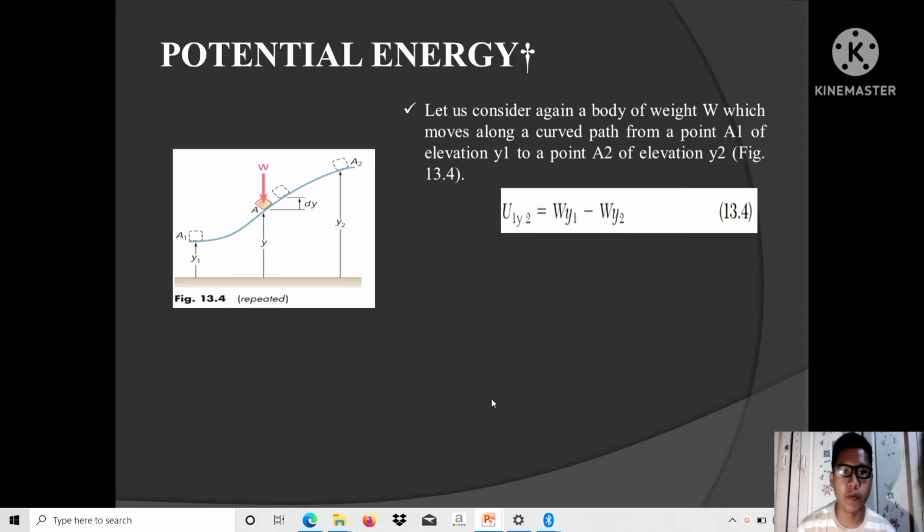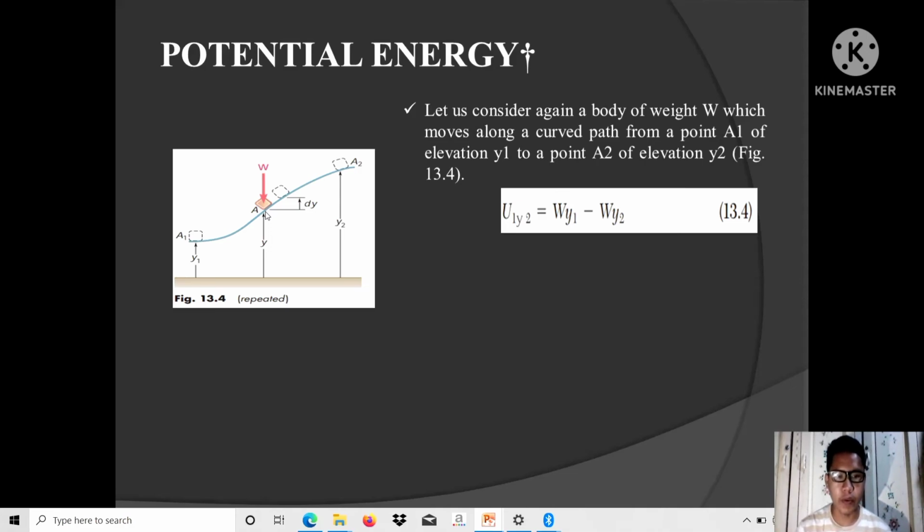From this figure, let us consider again a body of weight W, which moves along a curved path, or curvilinear motion, which we can see here, from point A1 of elevation y1 to a point A2 of elevation y2. In this figure, it is stated that the potential energy is stored along this path.